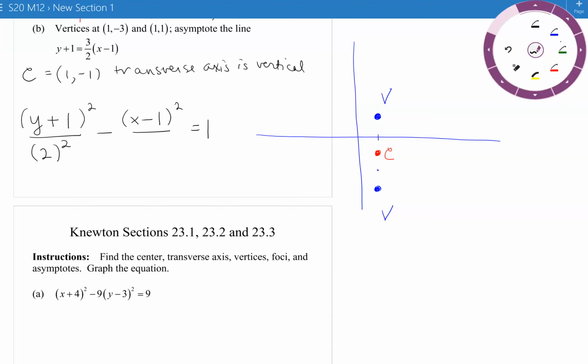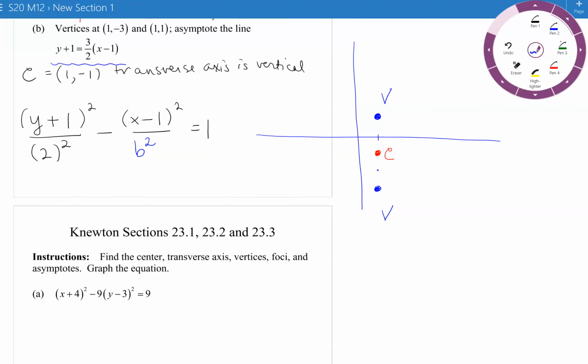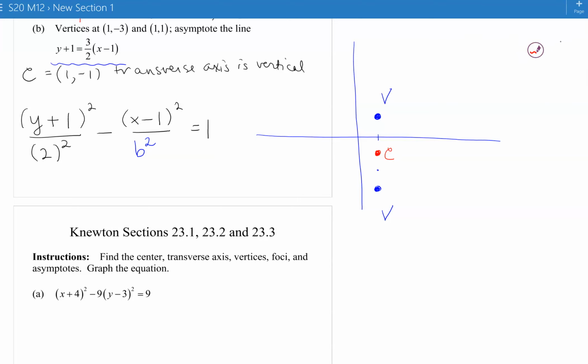Now comes the tricky part. We need this second denominator. So let's see, we have some more information here. And this is just something to notice that I think is really interesting. This is the point-slope form of the equation of a line, where the point the line is going through is the center, 1 comma -1.